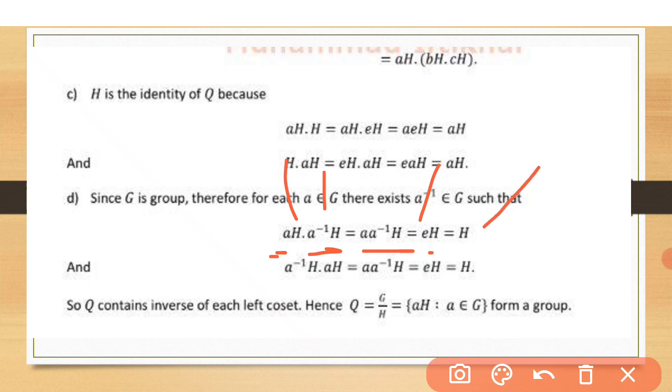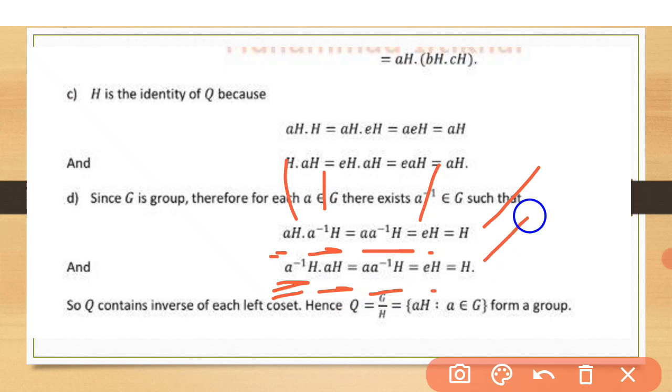EH and EH is equal to H. Similarly, when we change its order, A inverse H is a left coset and AH is a left coset. When we multiply these left cosets, it gives us a single left coset, which is A into A inverse, and A into A inverse is equal to identity.